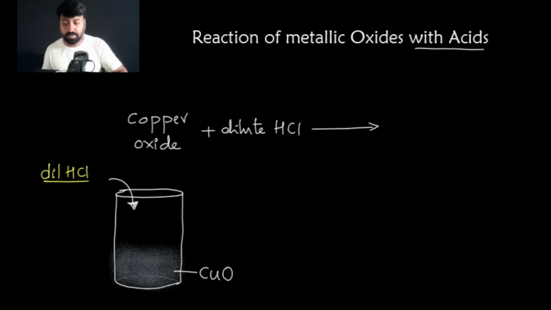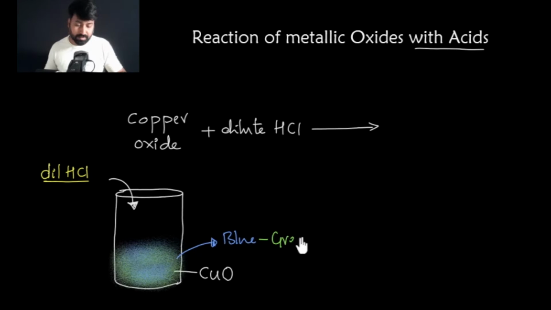You can notice that a green color is produced when the reaction is taking place, and meanwhile it has a small amount of blue color also mixed with it. It's called a blue green color we get.